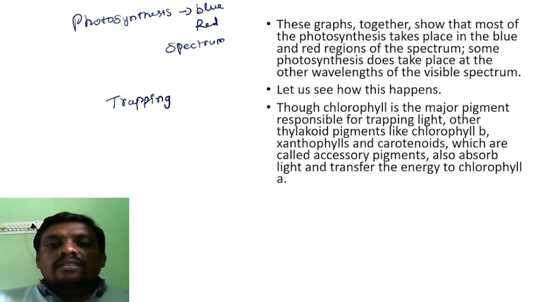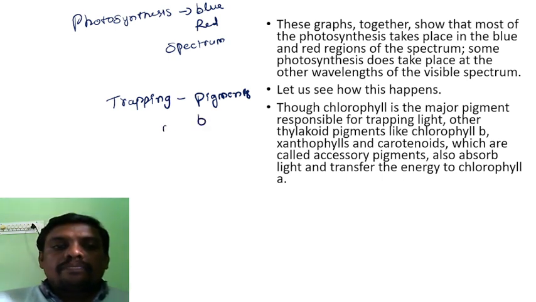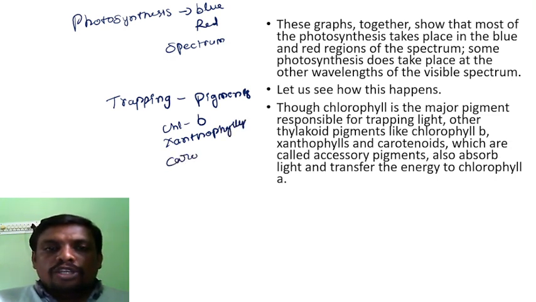But there are other pigments present in the thylakoid membranes, such as chlorophyll B, xanthophylls and carotenoids. These three together are called accessory pigments.